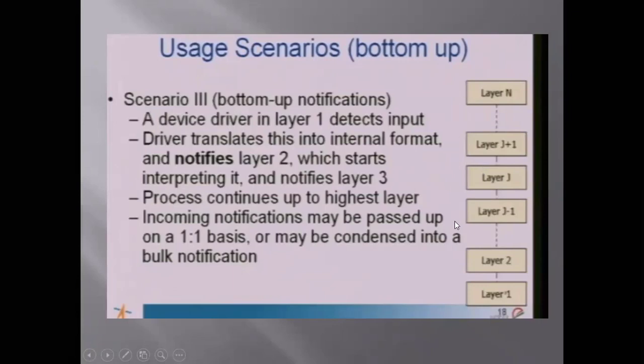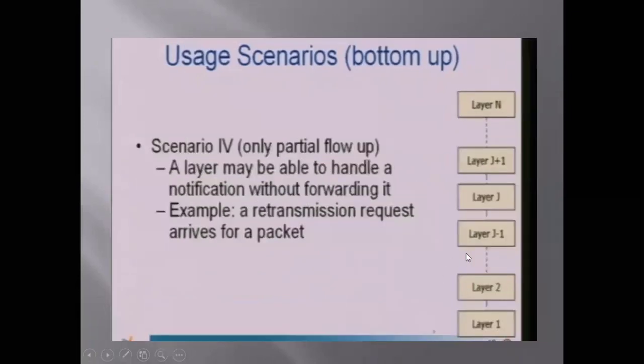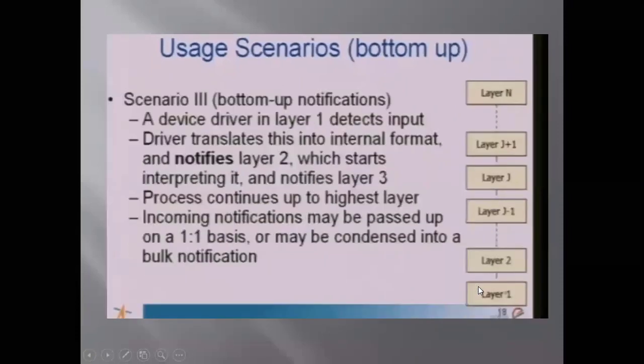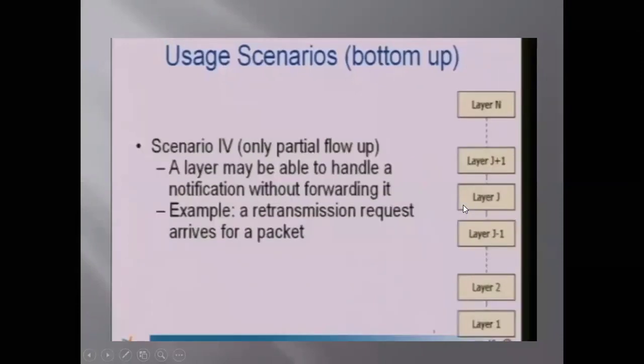Top down we call it a request, and bottom up we call it a notification. Here a device driver in layer 1 detects the input, transfers it to the internal format, and notifies layer 2. Like this the process continues up to the higher layer.